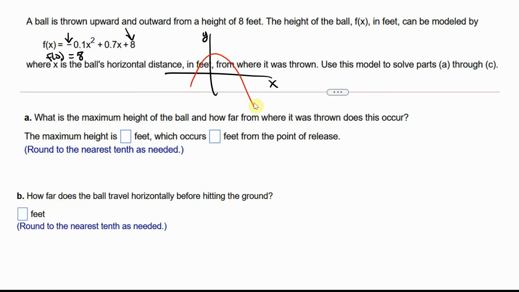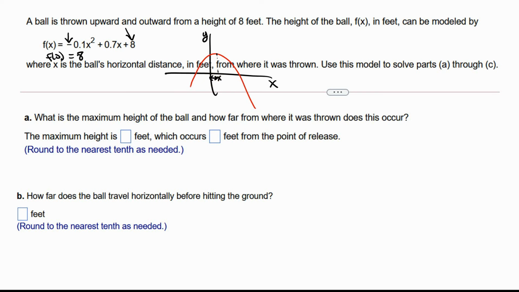It's going to do something like that. That highest point would give me the height. So they're saying that this horizontal distance is x from where the ball is thrown.